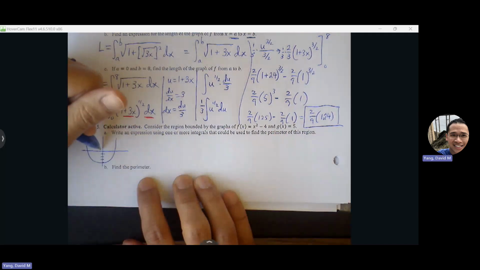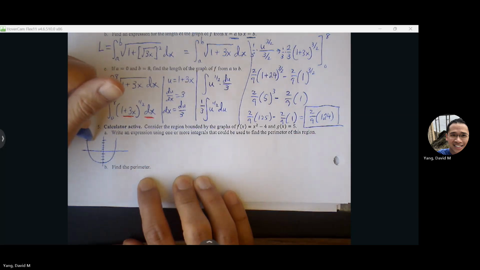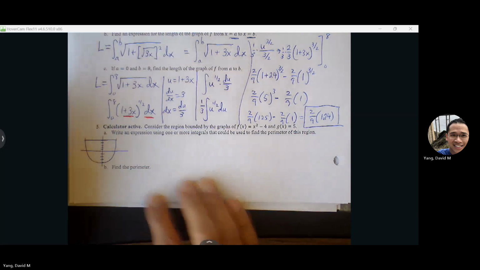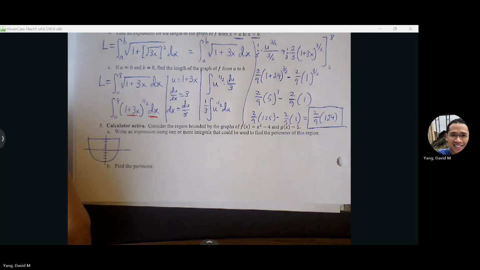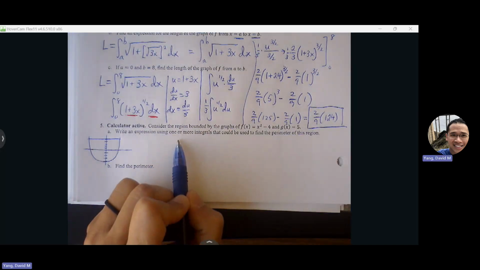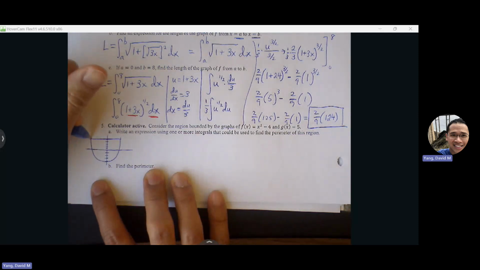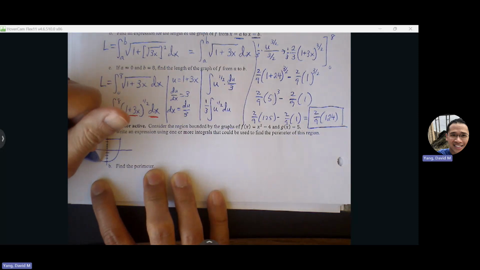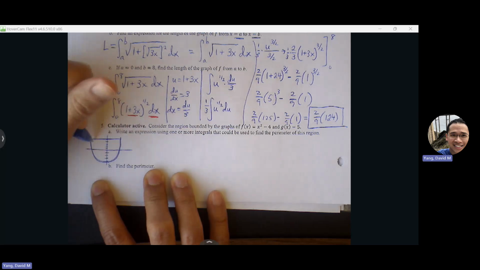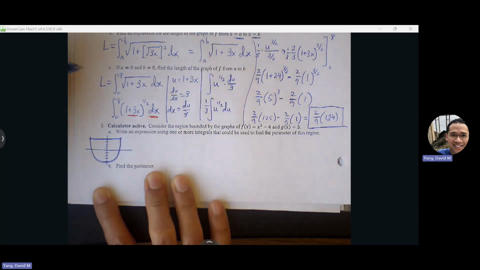And then y equals 5. Write an expression involving one or more integrals that could be used to find the perimeter of this region. So we want to figure out the length of the curve and this line added together.